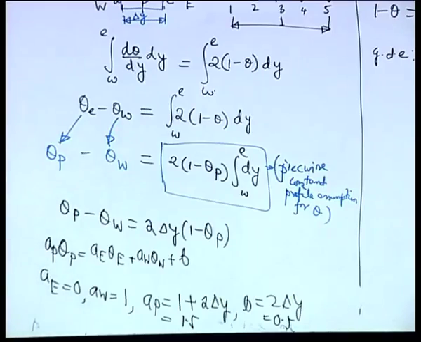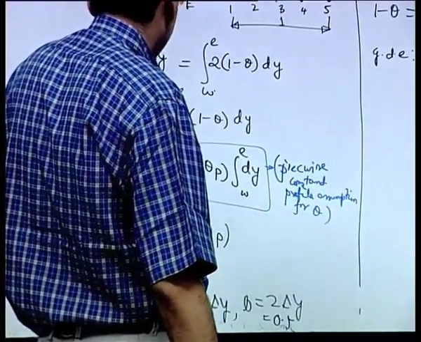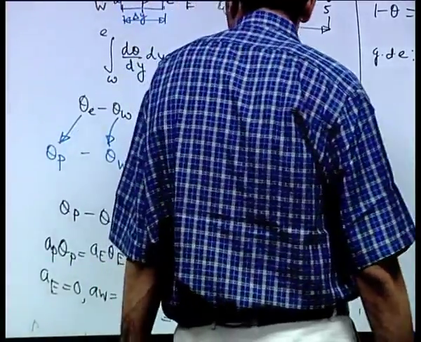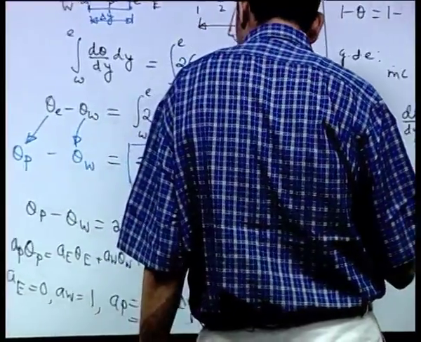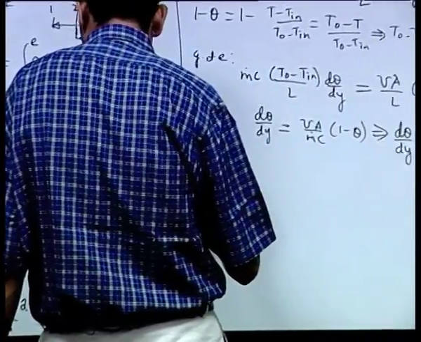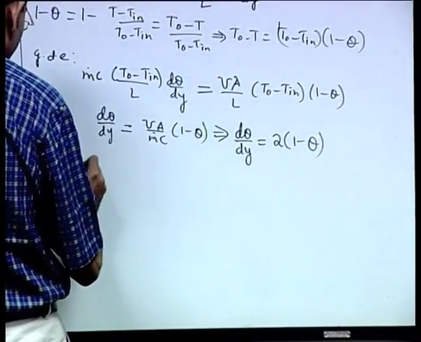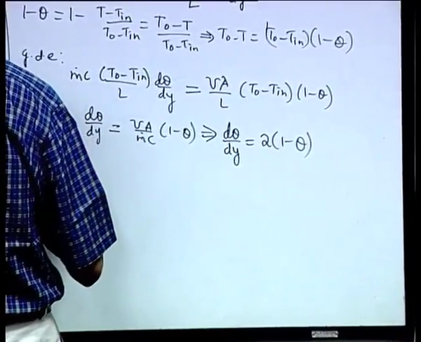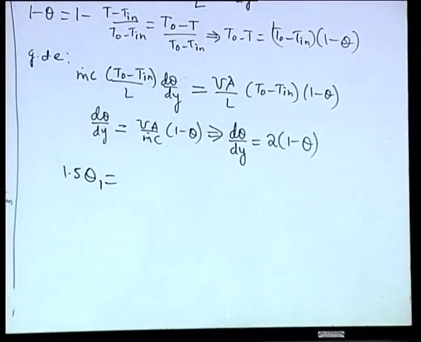So what are the equations? For the first equation, AP theta p, all APs are 1.5, so 1.5 into theta 1 is equal to, there is nothing called theta w here.